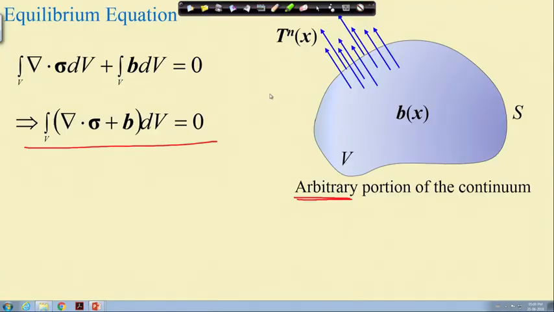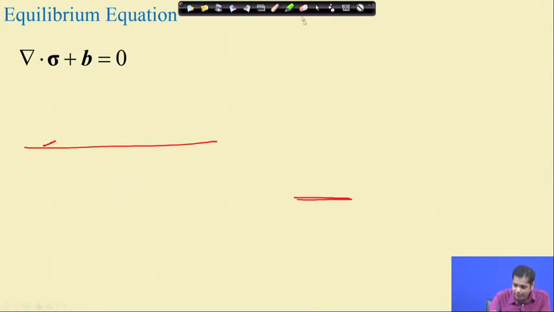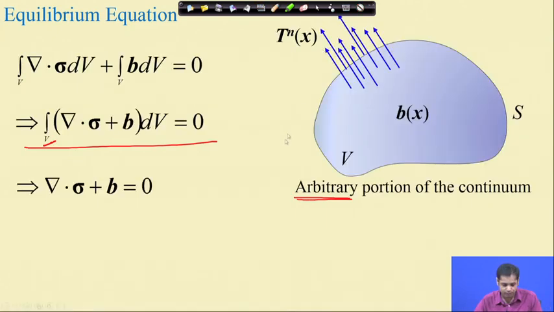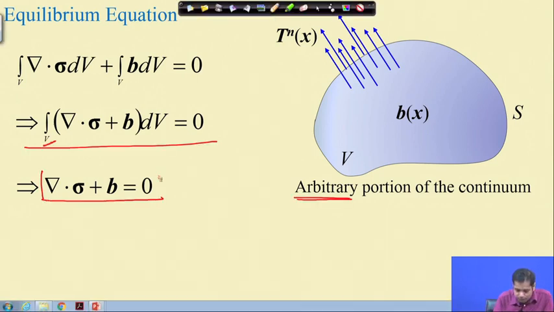And if it is so, then this is only possible if the integration of something over dV, over this domain, which can be taken as anything, is arbitrary, then this integrand has to be equal to 0.